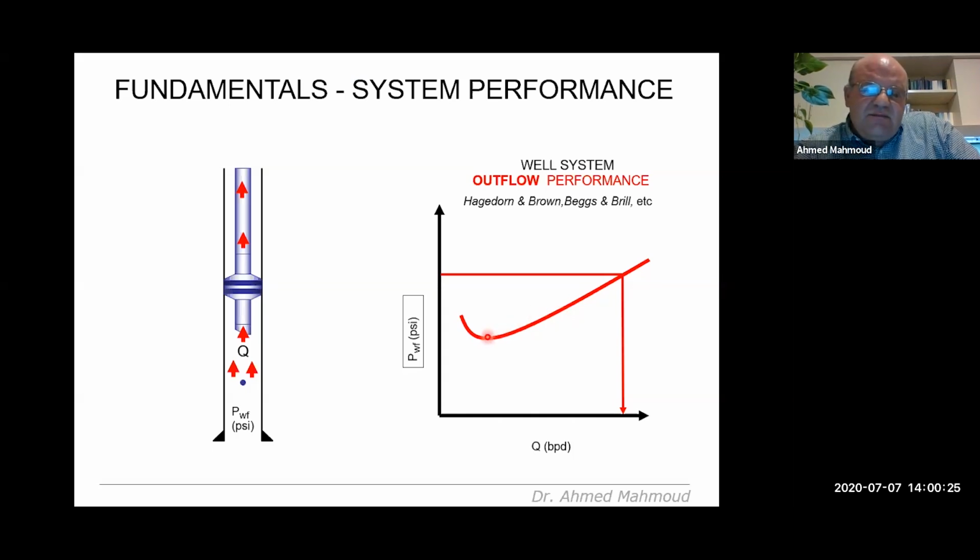So, let's take it step by step. Initially the fluid is coming from the reservoir into the wellbore. We said before that the pressure in the reservoir is high and the pressure in the wellbore is lower, because this is what initiates the flow. But after it is in the wellbore, the outflow curve has nothing to do with the reservoir pressure.